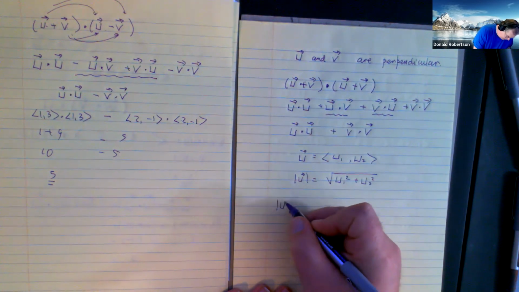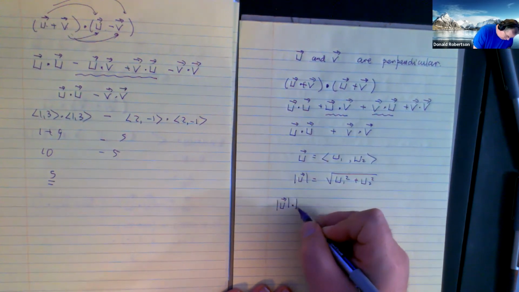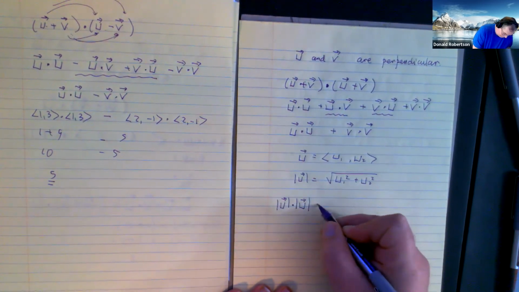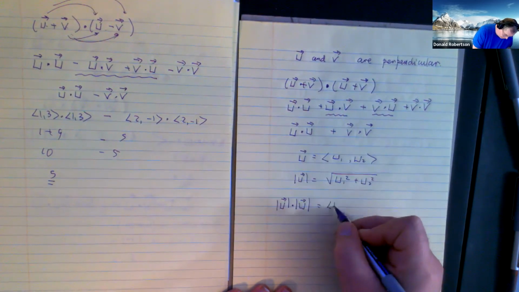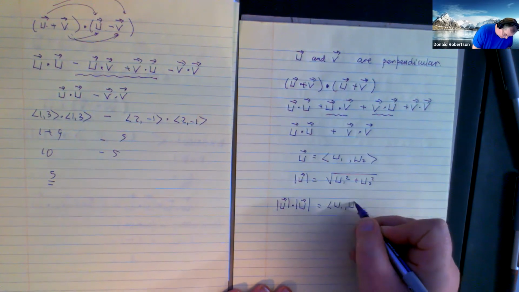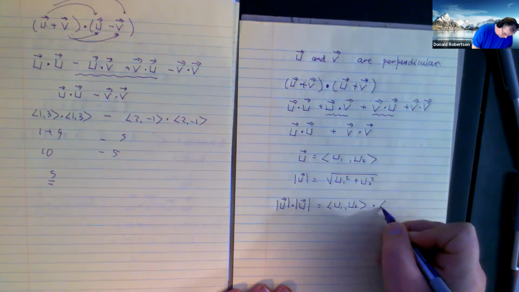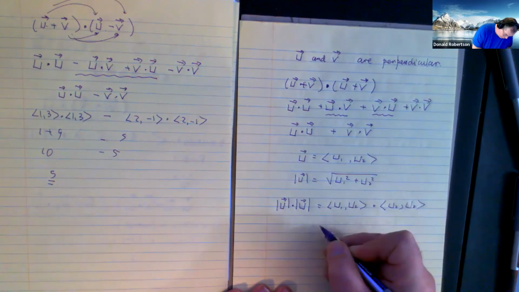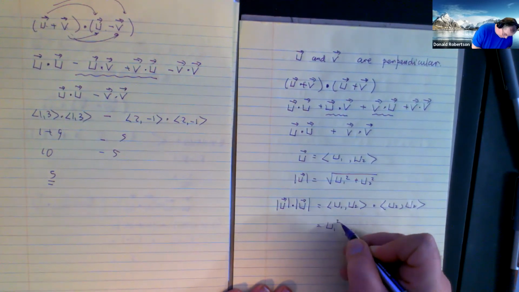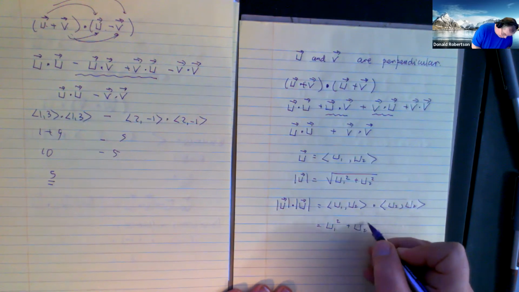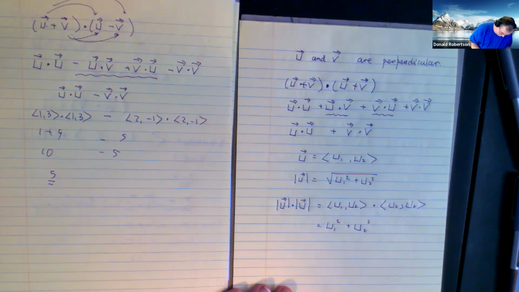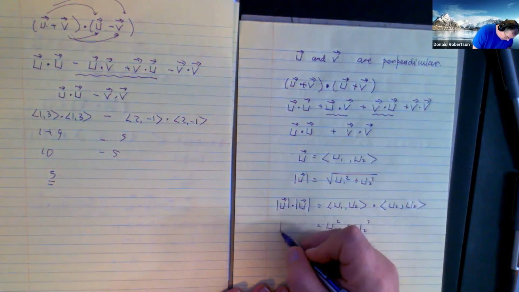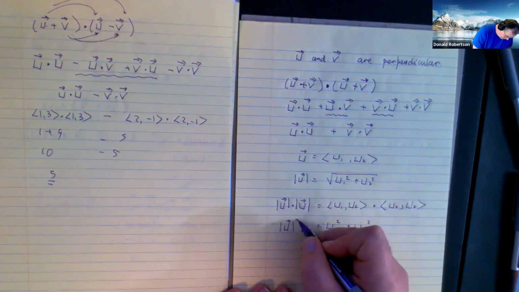Now, if you take u dot u, you would go this vector dot product with itself. And you would get u1 squared plus u2 squared. u dot u is very often called the magnitude squared.